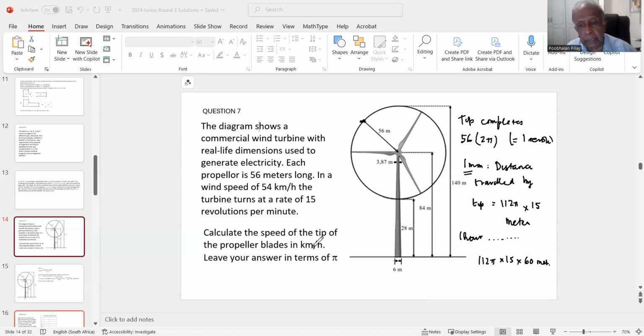But you want to find out how many kilometers it travels in 1 hour. So speed in kilometers per hour is 112 pi times 15 times 60. But you have to divide it by 1,000 because there are 1,000 meters in a kilometer. So you have to put all this over 1,000.